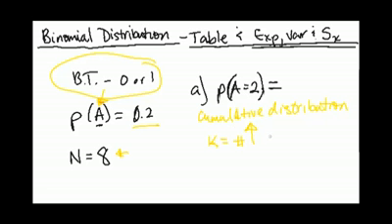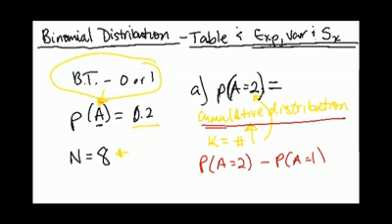So if you want an exact value like this one, to get A equals 2, you need to do the probability of A equals 2 minus the table value of the probability of A equals 1. Make sure that it's a cumulative distribution table. You can usually tell it's cumulative because we'll have numbers for probabilities all the way down and then it ends up with 1s at the bottom, because they all have to add up to 1.